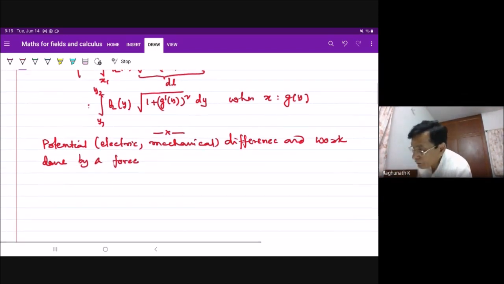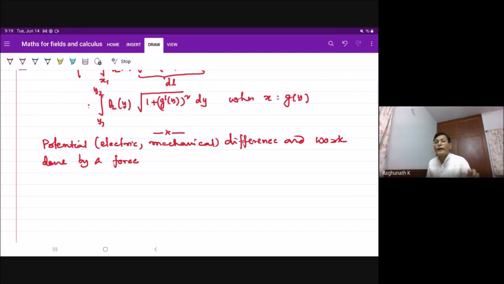Listen carefully. We evaluate the integral of the form integral A to B. Specifics we will discuss in the topic. Integral A to B, whatever is given, you have to follow that. Integral A to B, V bar dot dl bar.